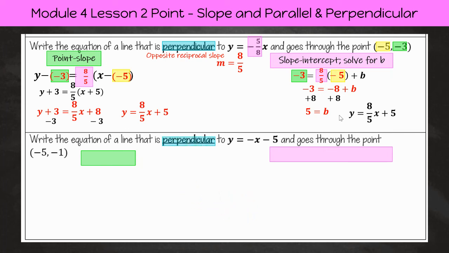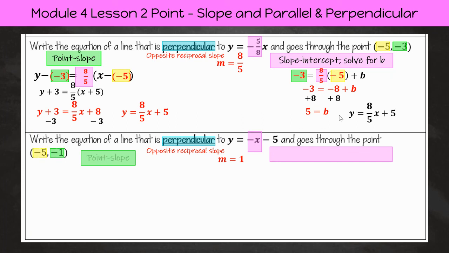So again, we're looking for perpendicular. Here we have a slope of -1. So that means that the slope of our opposite reciprocal or perpendicular line would just be 1. And if you think about it, that makes sense because -1 multiplied by 1 gives me -1. And to be an opposite reciprocal, you must be able to multiply them together and get -1.